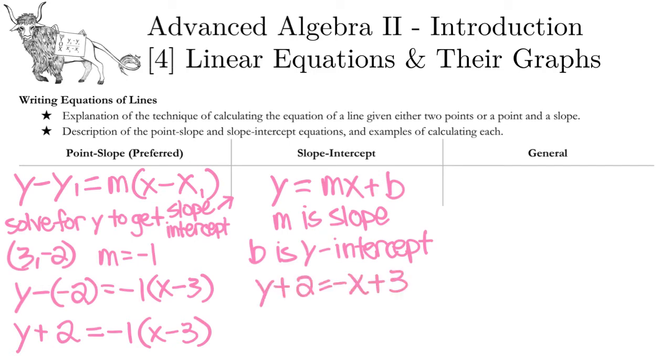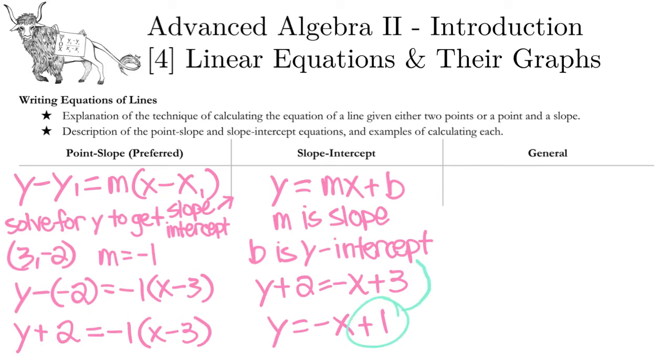On the left side we have y plus 2, and now we could distribute the negative to the right side, -x plus 3. So then we could subtract the 2, and we get y equals -x plus 1. Hey, that makes a lot of sense, because the other point was (0, 1). In this equation, we could see that the y-intercept is 1, or if we plug in 0 for x, we get 1.